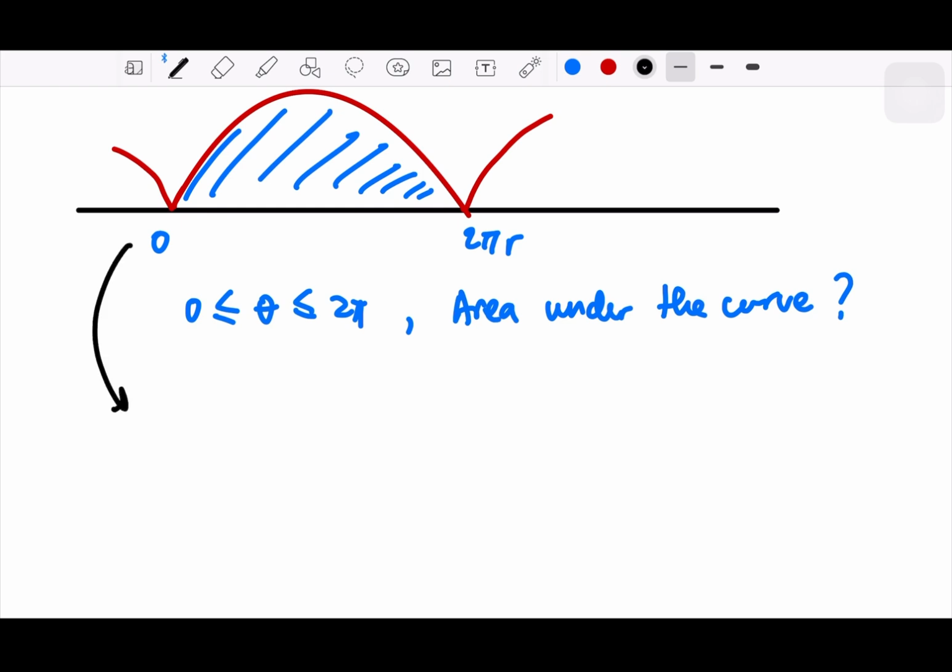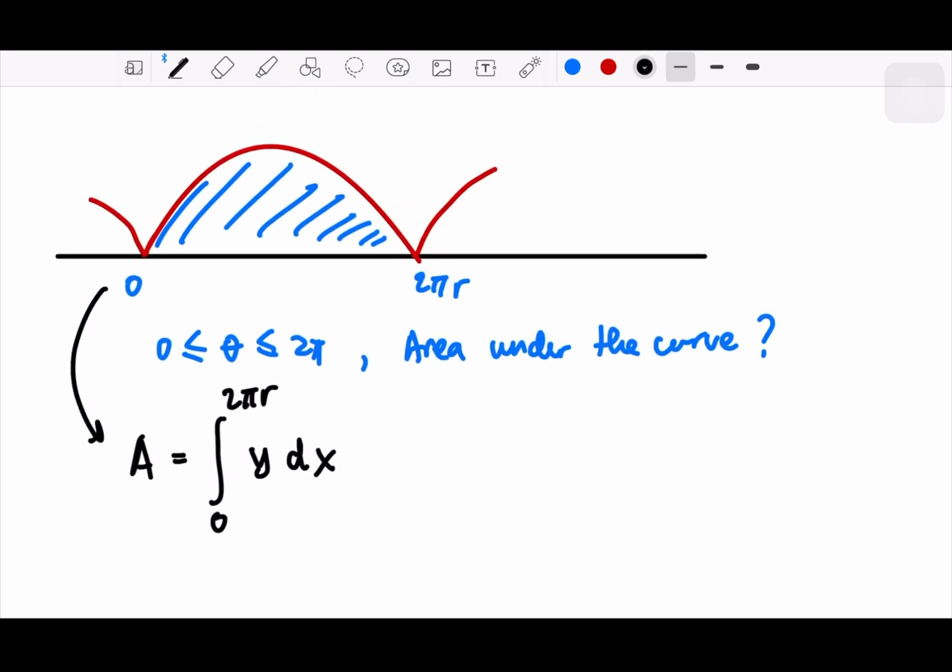At the beginning, let me just write, based on the general rule on area, so y dx. Okay. And in cycloid, we have connections for x and y that is a function of theta.